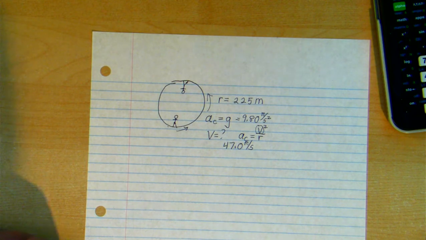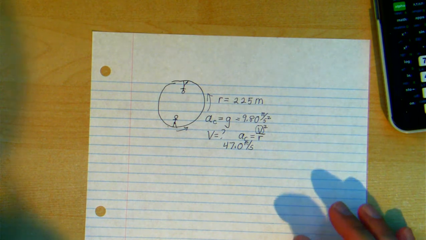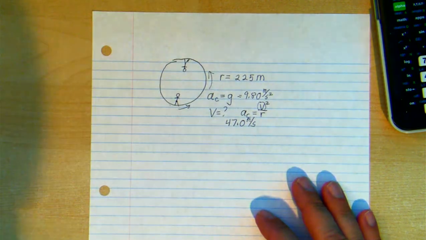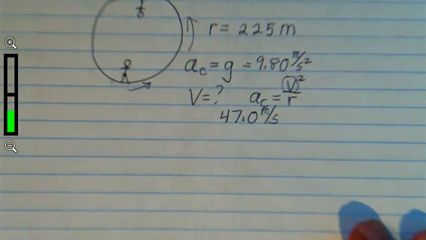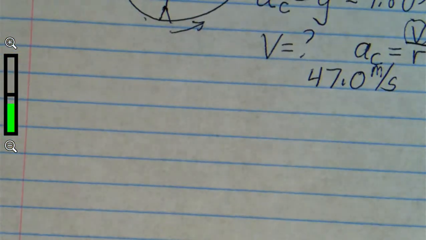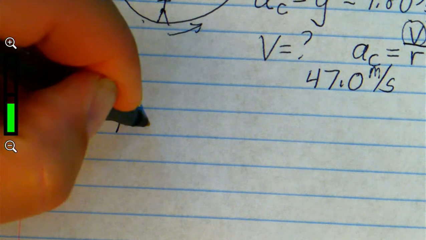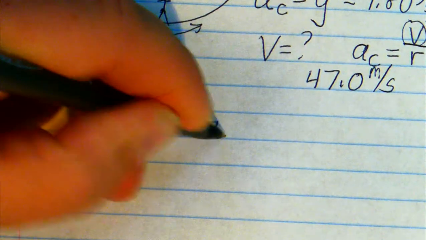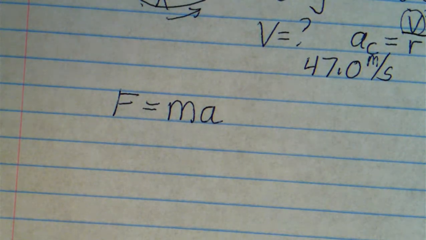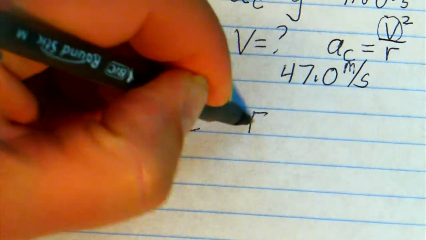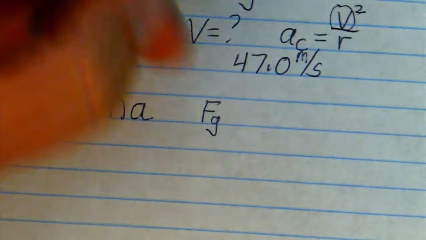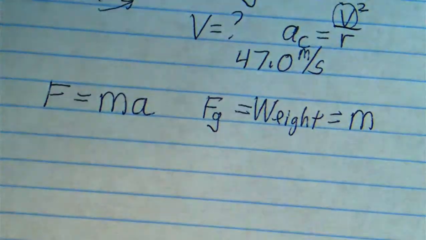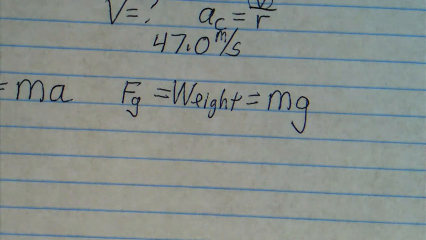All right. Now, let's add to this a bit. You probably fully remember Newton's second law. Newton's second law says F equals ma. In the case of gravity, the force of gravity, which by the way is also the same thing as your weight, that's the product of your mass times the acceleration due to gravity.